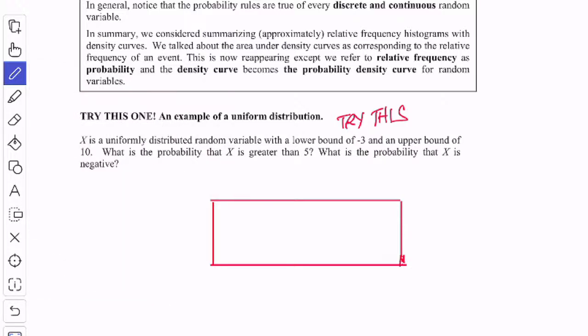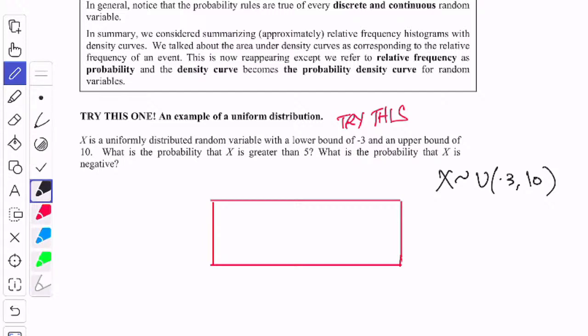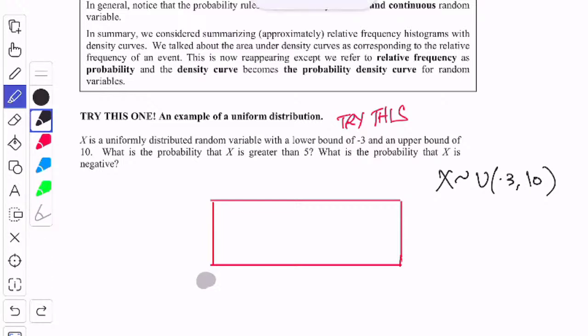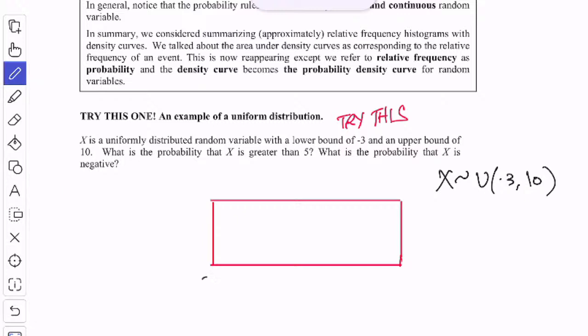Okay. All right, so there's my box. And it's going to run between, so this is X, uniform between -3 and 10. I'm being asked, what's the chance that X is greater than 5?